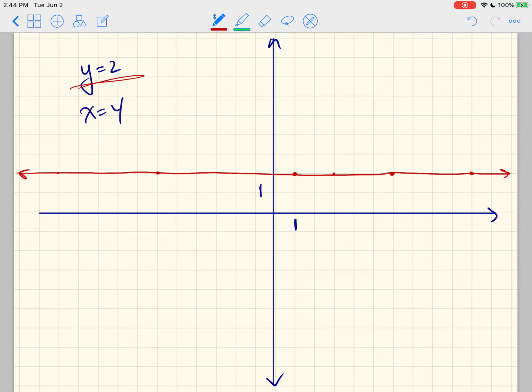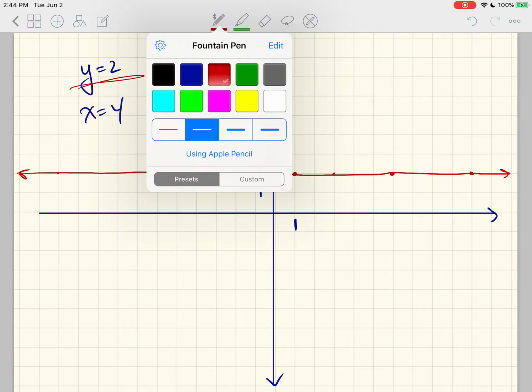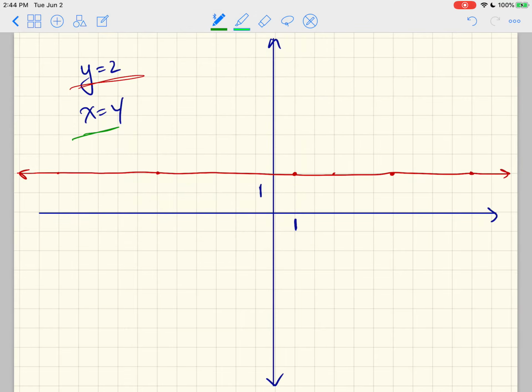That gives me a horizontal line. As opposed to where x equals 4 right here, and here, and here, and there, and down here, x is still equal to 4. So for every single point where x could equal 4, that gives me a vertical line.